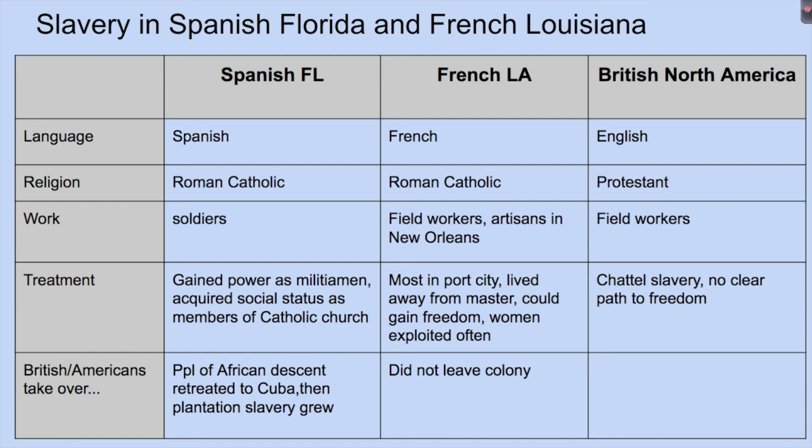Once the British or the Americans take over Spanish Florida, people of African descent, a lot will retreat to Cuba, and then in this area, plantation slavery will grow. For slaves and African Americans in French Louisiana, they will not leave the colony and will eventually be absorbed into that southern plantation lifestyle.